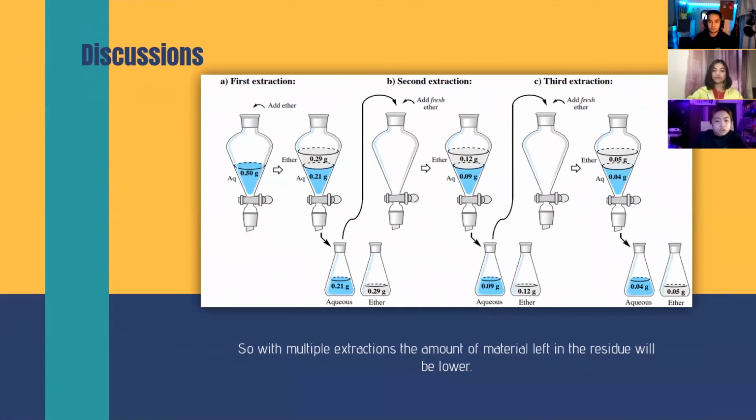When extraction is done, the residue will have the same concentration of material as the extract itself. If extraction is done a second time, the concentration will be lower in the extract as well as in the residue. So with multiple extractions, the amount of material left in the residue will be lower, hence the extraction will be more complete, which increases the extraction efficiency, like in the illustration.